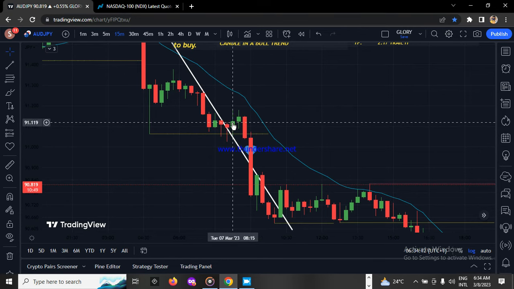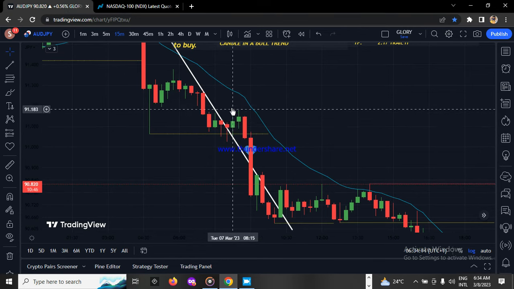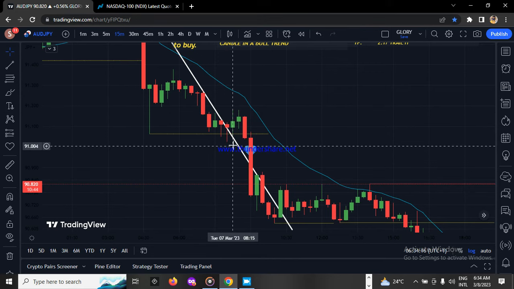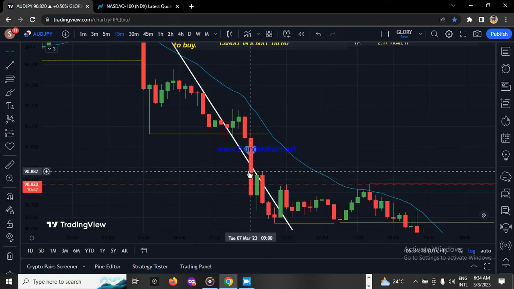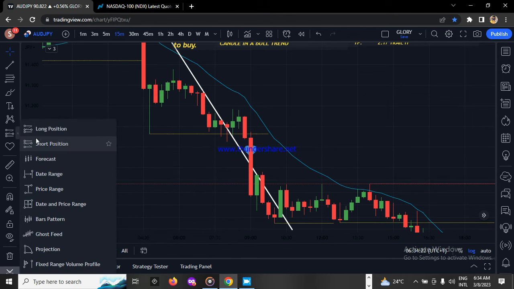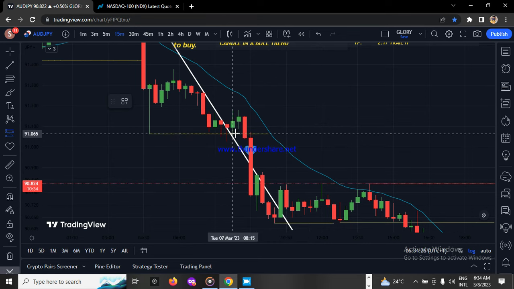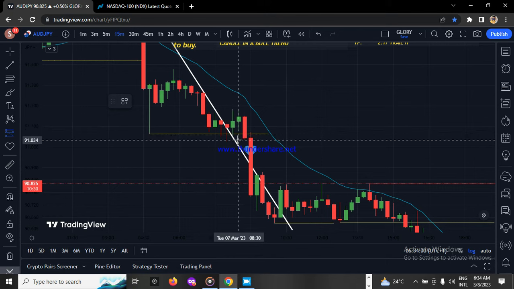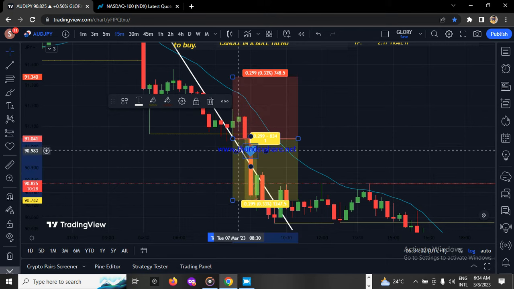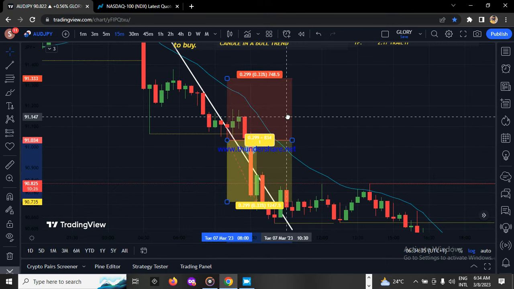The market deceived the bulls as if it's going up, but ended up falling down. At this point, you can short immediately. Price goes below this long wick candle, which is here. Enter immediately.